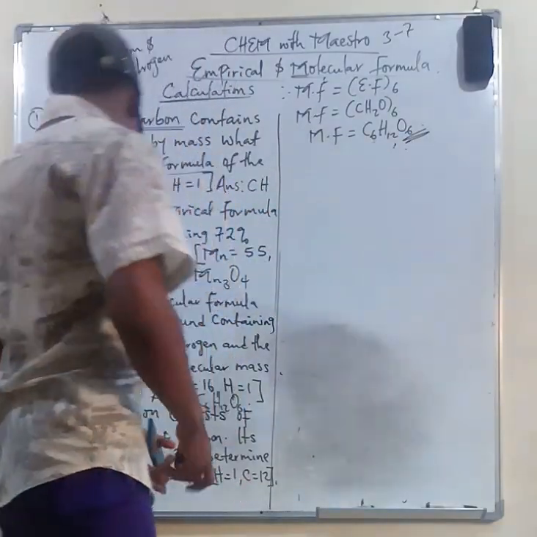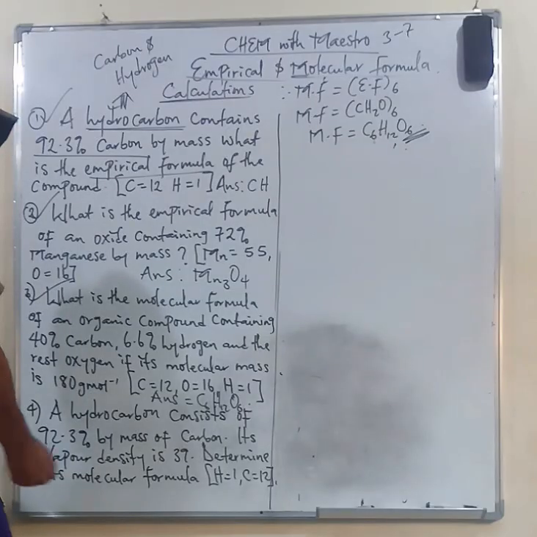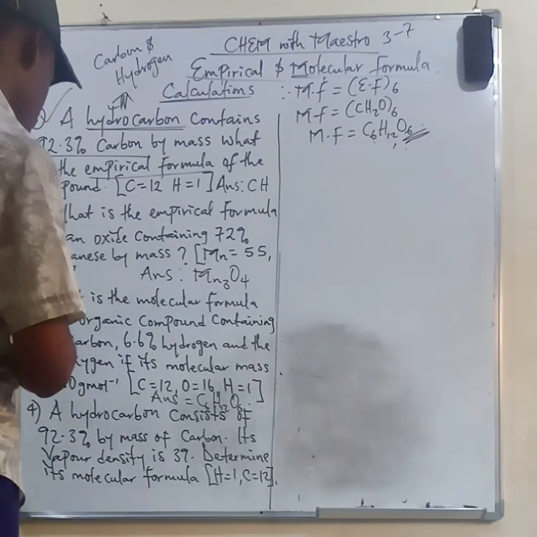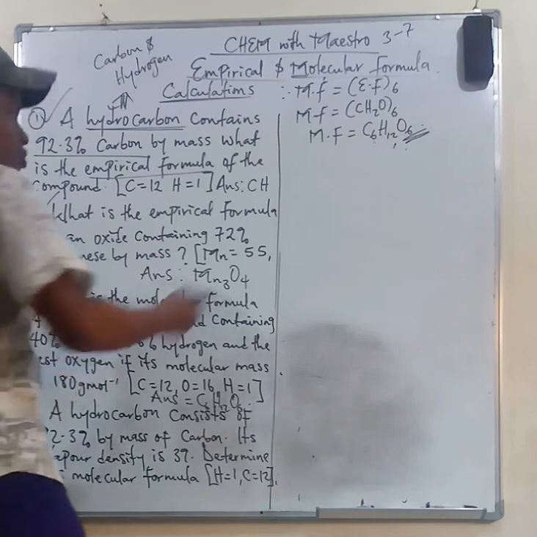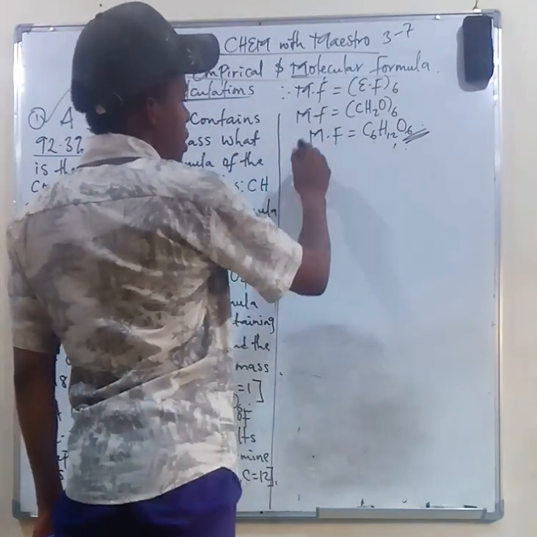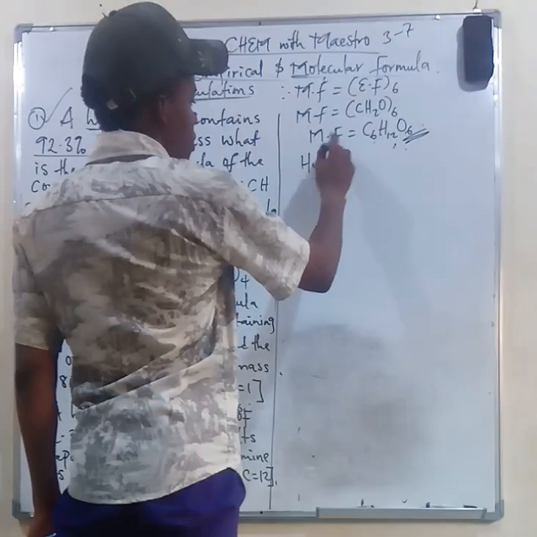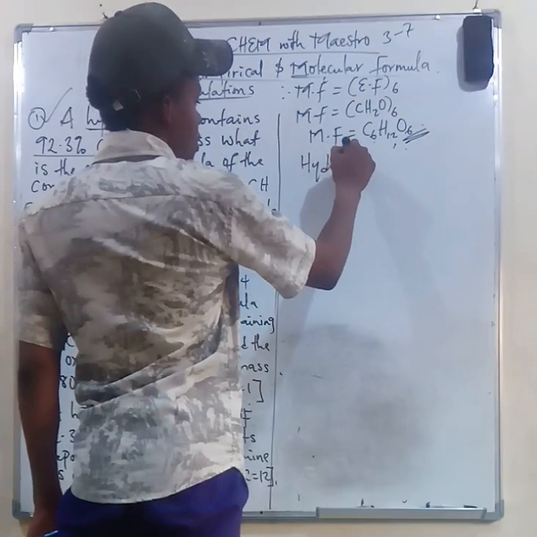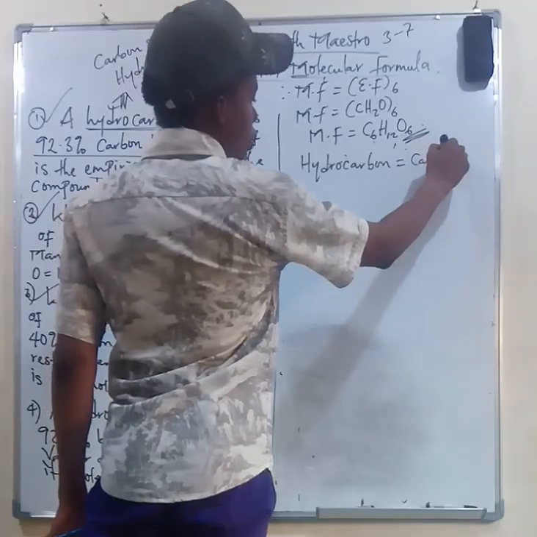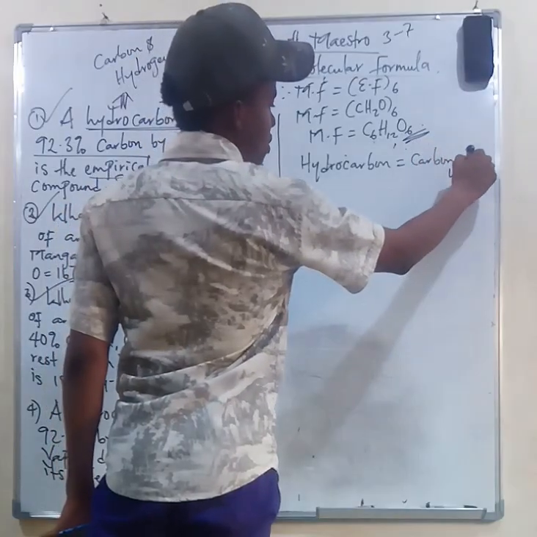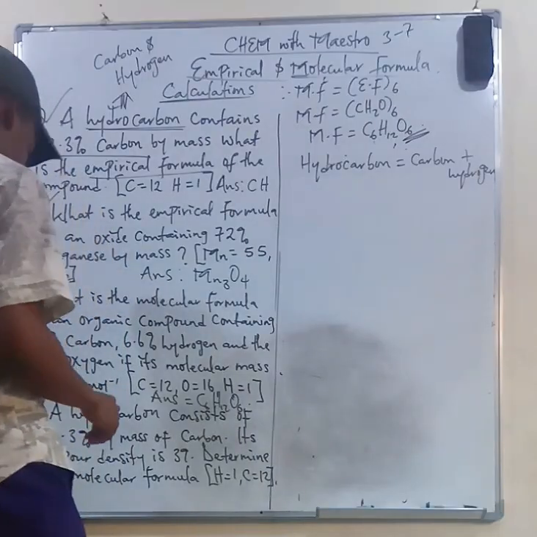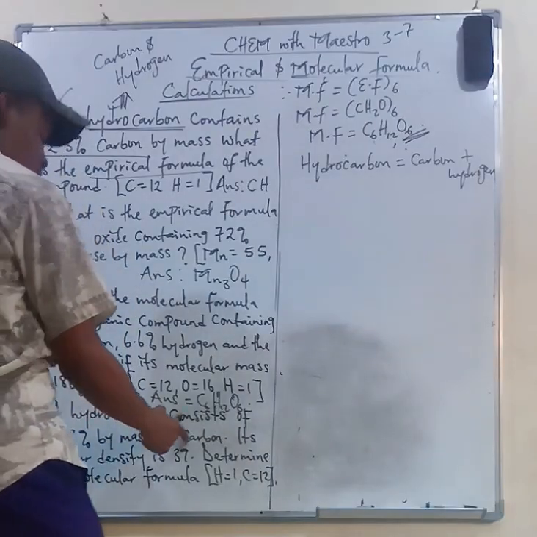And lastly, for question number 4, a hydrocarbon consists of 92.3% by mass of carbon. So this hydrocarbon, what's hydrocarbon? Hydrocarbon is carbon plus hydrogen. Now what is our percentage of carbon?